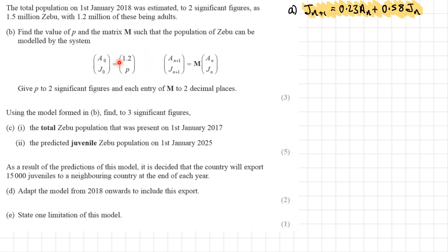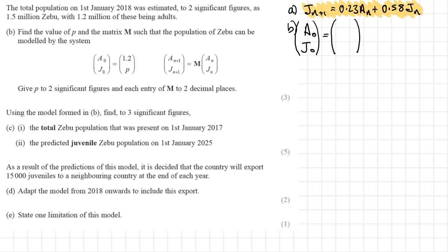A0 J0 is equal to 1.2 P and an+1 jn+1 is equal to this matrix M times by an jn. And we need to give the value of P to two significant figures and each entry of M to two decimal places.